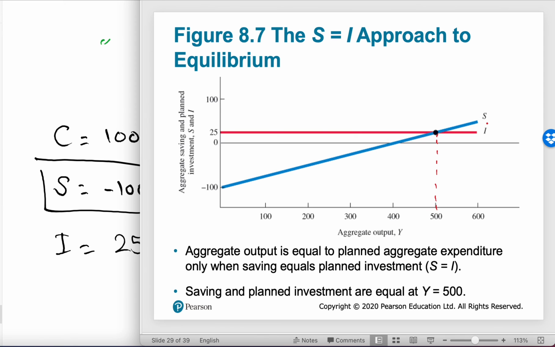So the moment that the investment and saving functions intersect, that is the equilibrium level of income, which in this case is 500.